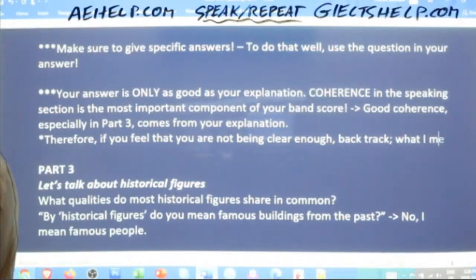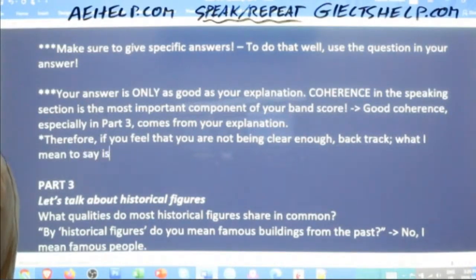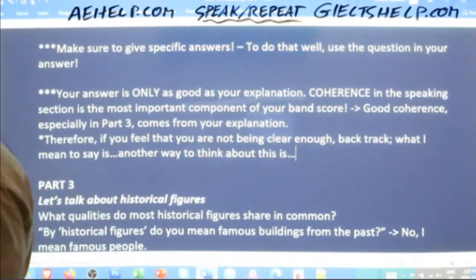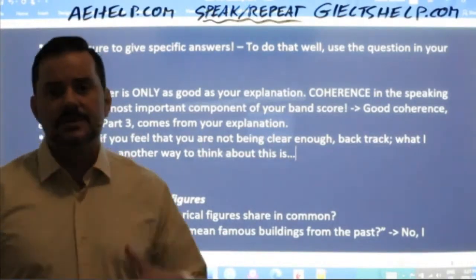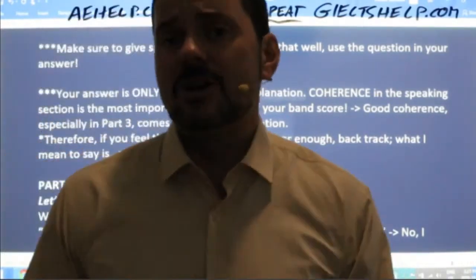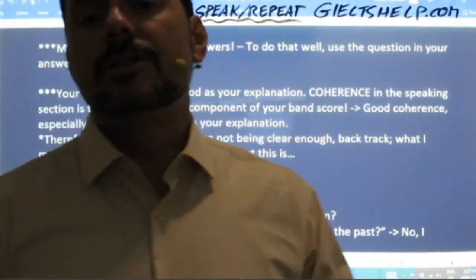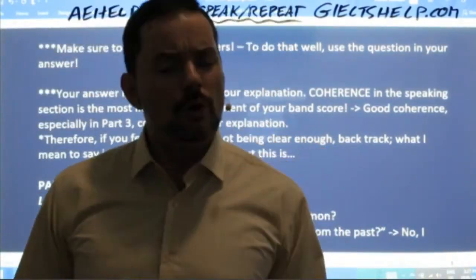What I mean to say is, or another way to think about this is, so use these kinds of sentences to backtrack and then give a second, third explanation. Don't overspeak, okay?